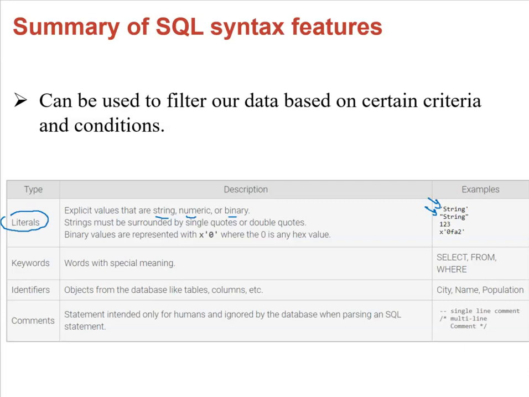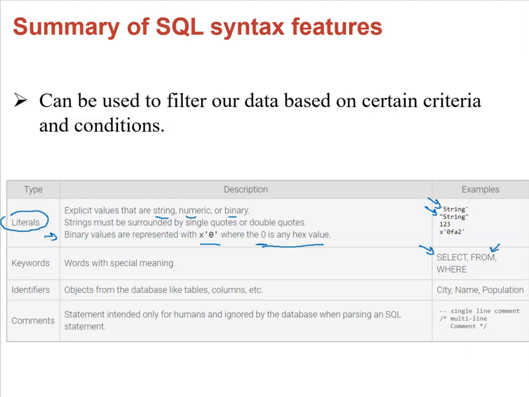And binary values are typically represented with an X and then a value in quotes. So this zero can be any hex value. But we're not going to work with binary values. So the keywords. When you see this word keywords, that refers to the built-in words that have a certain meaning in SQL.